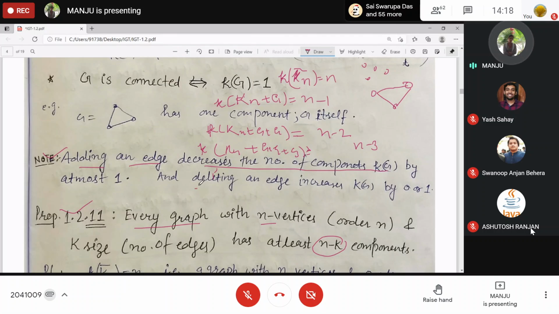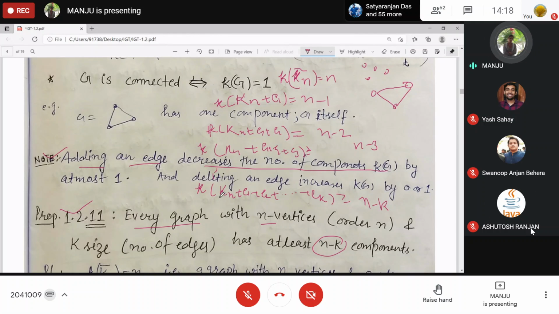And for k edges, how many? At least n minus k.